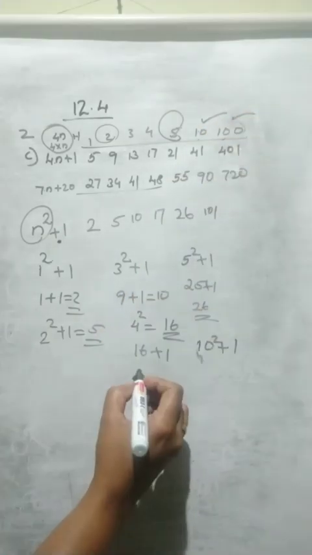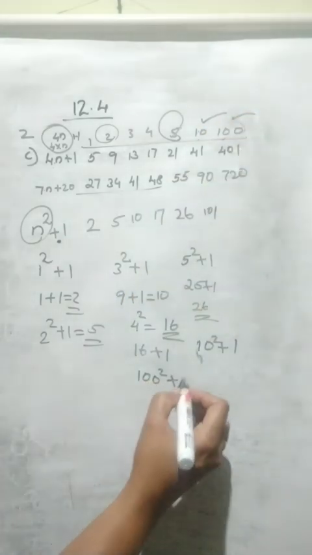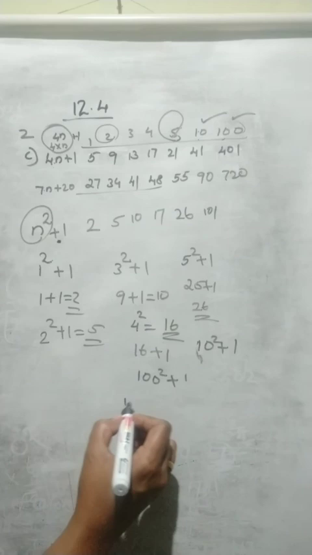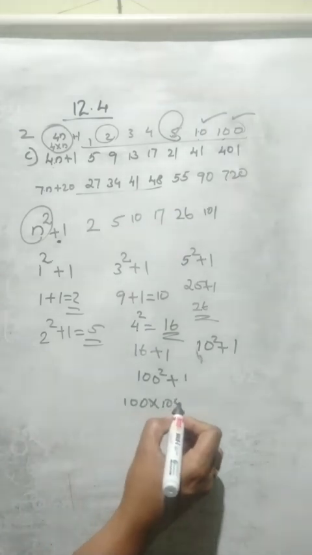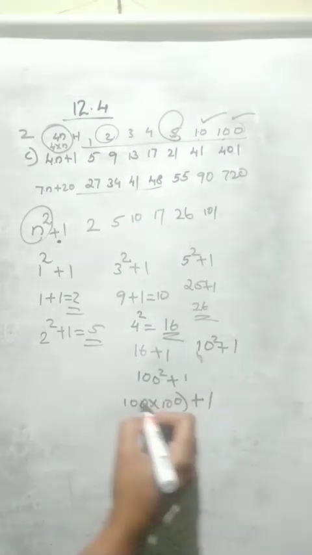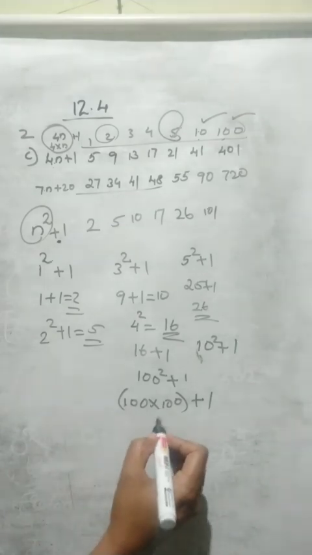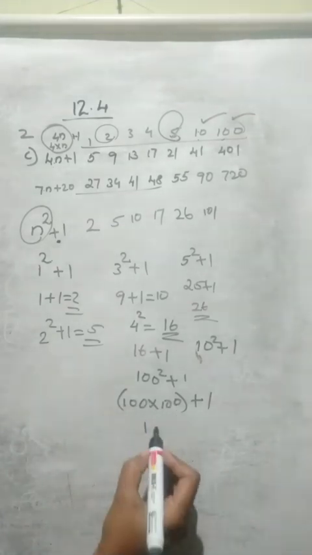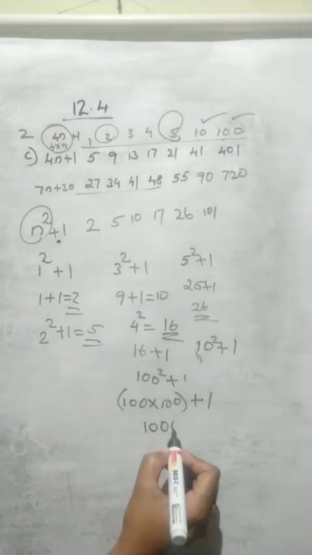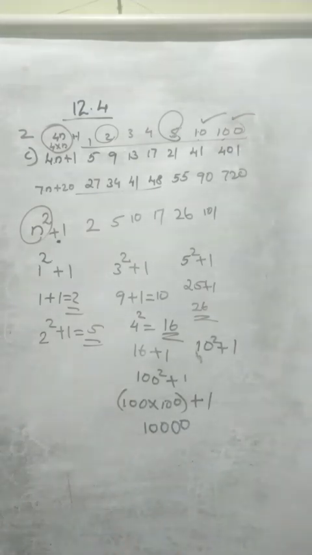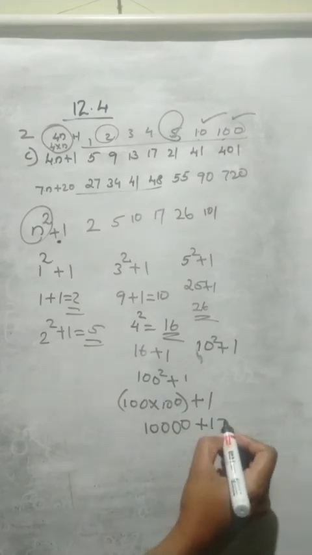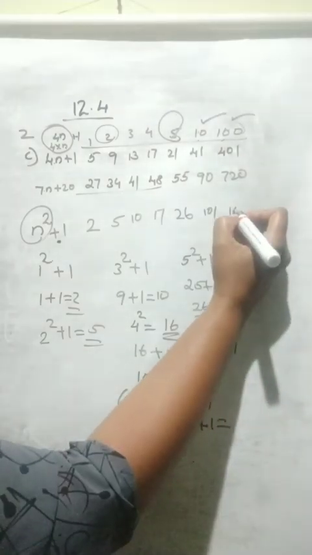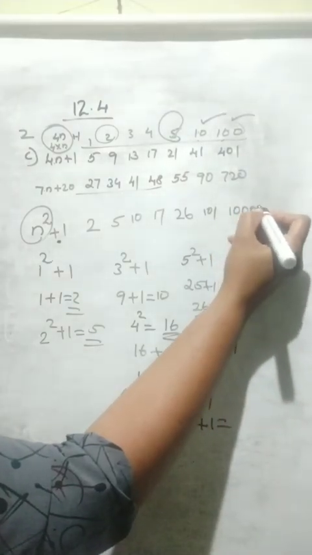Here 100 squared plus 1. 100 multiplied by 100. What's the answer? Then plus 1. Here 1 into 1, 1 itself. How many zeros are there? 1, 2, 3, 4. So 10,000. 10,000 plus 1, so the answer is 10,001.